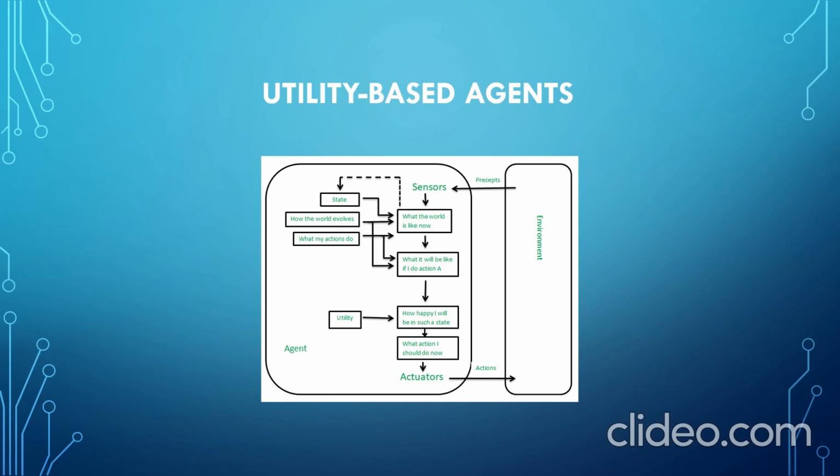The utility-based agent thinks about what action to perform: if I do action A, then how happy I will be, or if I perform action B, then how happy I will be in such a state. By calculating and considering all these things, the utility-based agent gets to know what action has to be performed and performs it on the environment through the actuators. This is how a utility-based agent works on its environment.